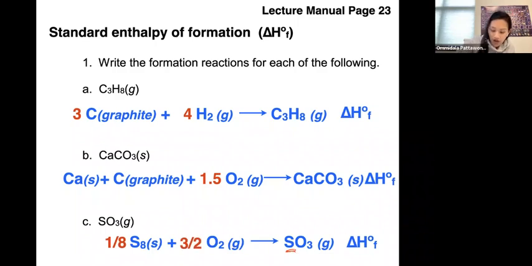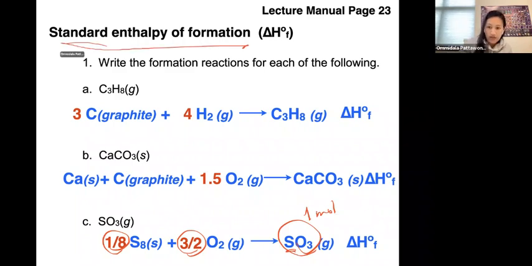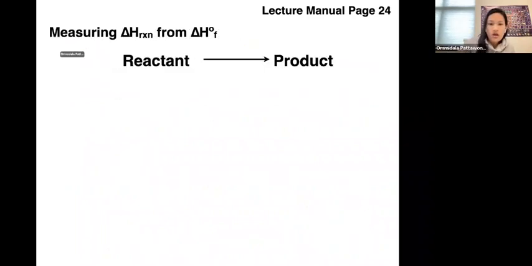So check your answer. You can answer this in decimal form as well, that's fine, or leave it as a fraction, that's fine too, as long as the final product is per 1 mole of the final product for this concept. All right, so for measuring the enthalpy of the reaction, we are going to use this value.